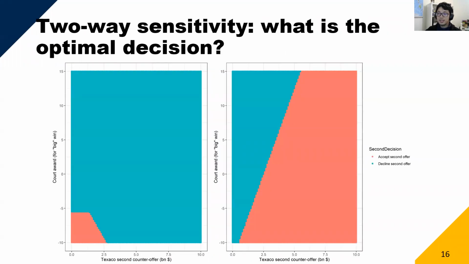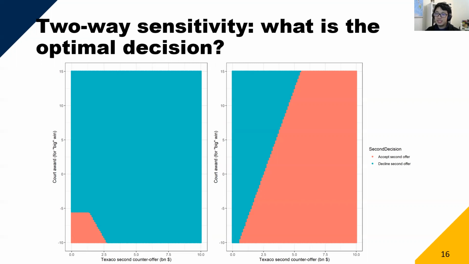So in this case, we can see it can create these sensitivity maps that provide essentially a map of the strategy for whether or not you would accept or decline the first offer and the second offer.